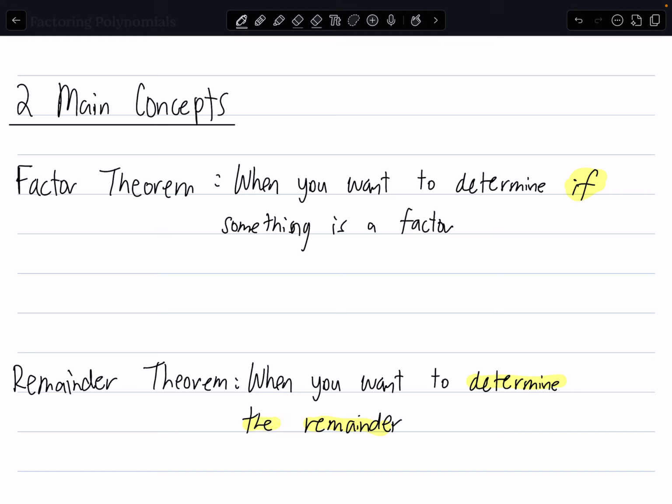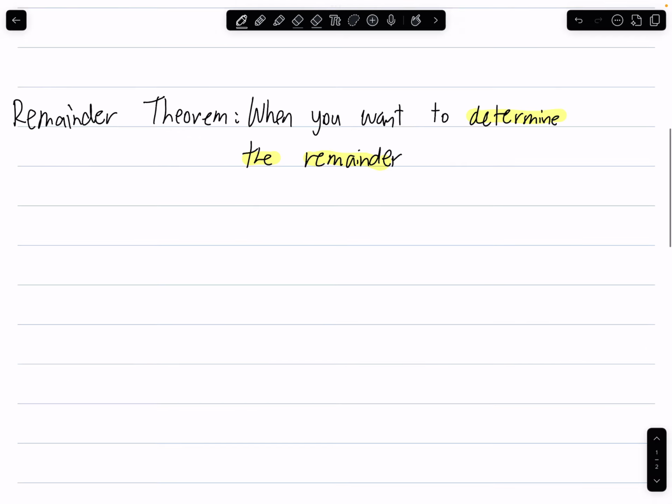Okay, so we're going to go through some questions. So the main concept is this. Let's start with factor theorem. Now that we got the definitions out of the way, let's go through some questions with regards to factor theorem.